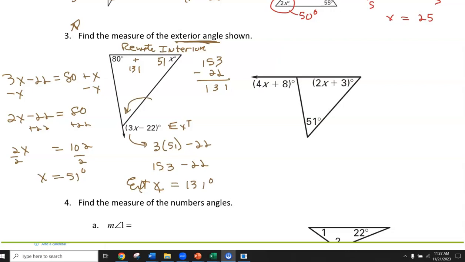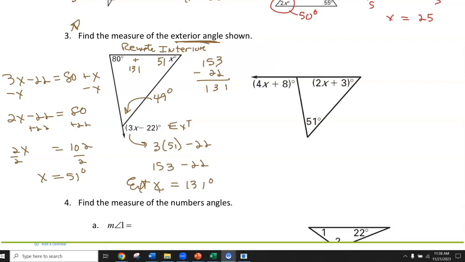Because the exterior angle and that missing angle are a linear pair. So what is 180 minus 131? Well, if it was 180 minus 130, that'd be 50. So it's going to be 1 less than 50, which is 49 degrees. So you can solve for everything, and it's really good practice to do so.